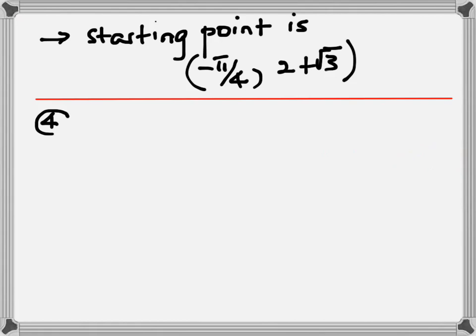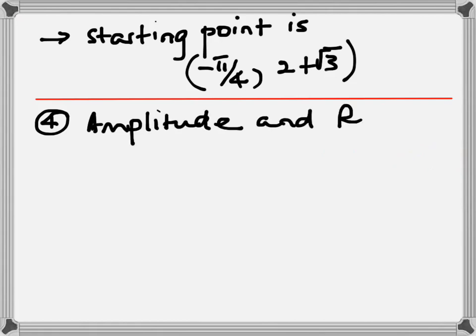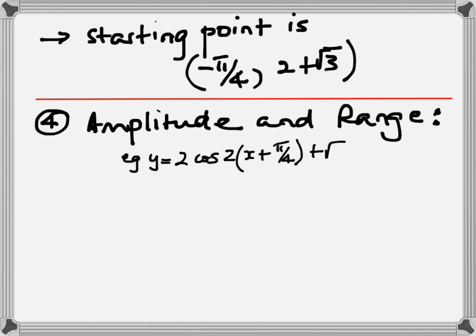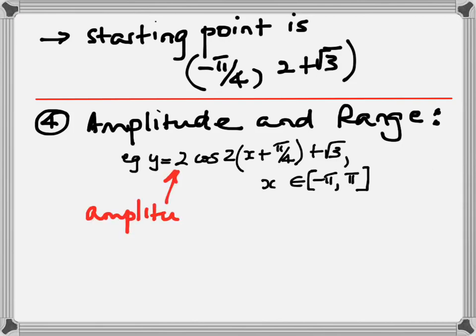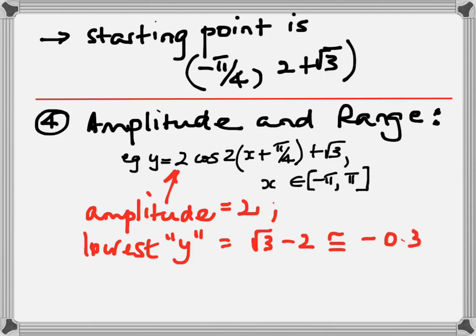Okay, that's the starting point done. Now we've got to do the amplitude and the range, so that we can get an idea of the vertical sweep and boundaries of where this graph goes. The amplitude is 2, so it goes up 2, down 2 from the central axis.